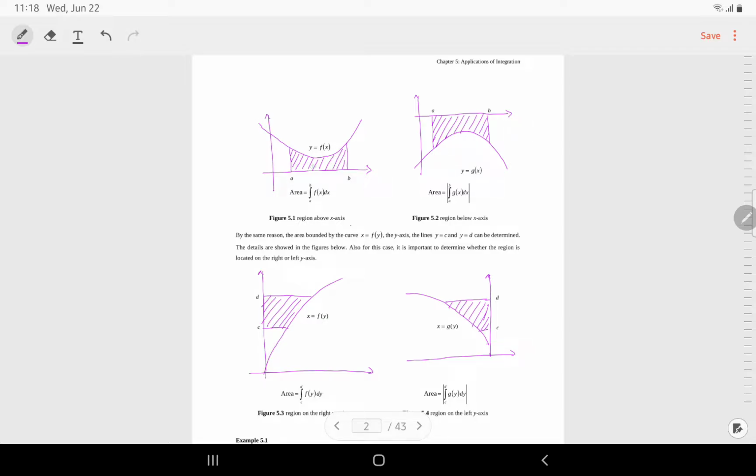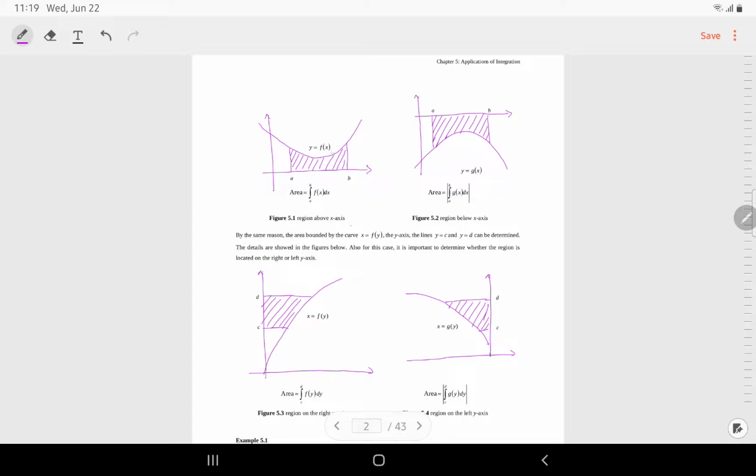This shaded region is bounded by this curve and the x-axis, and also by the lines x equals a and x equals b.